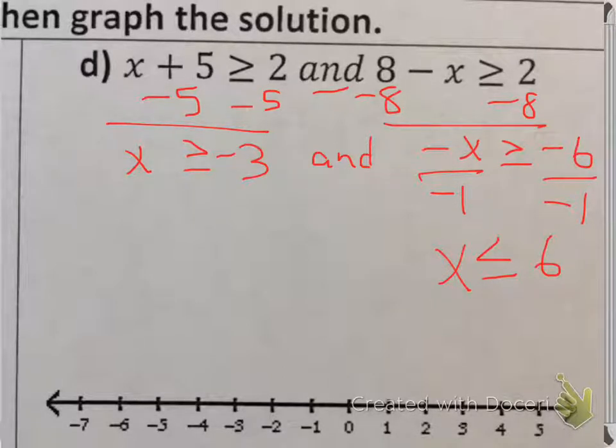All right, what I like to do when I'm graphing these is graph them both and then keep the overlap part for my answer. So the first one is x is greater than or equal to negative 3. So at negative 3, I'm a solid circle, going greater than or equal to, so I'm going this direction. Okay, this one, x is less than or equal to 6. So 6 is over here, equal to, and less than would be this direction.